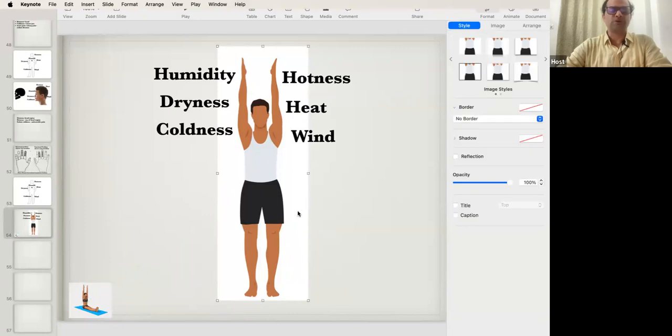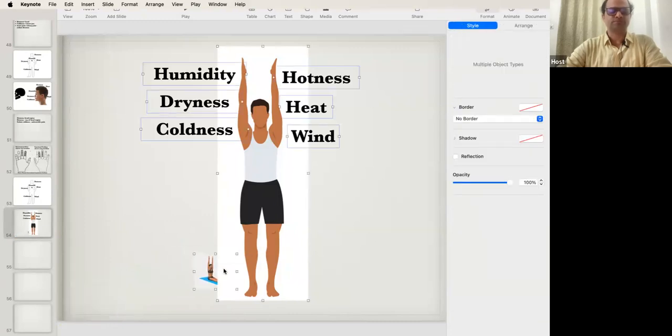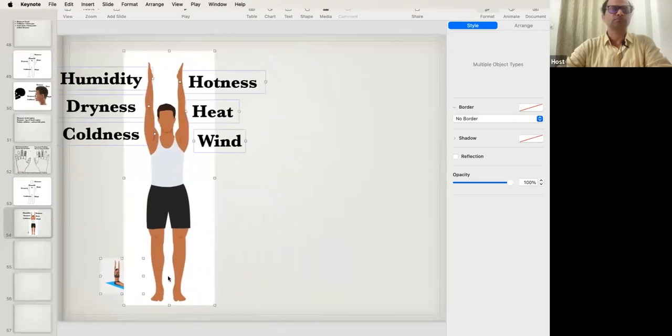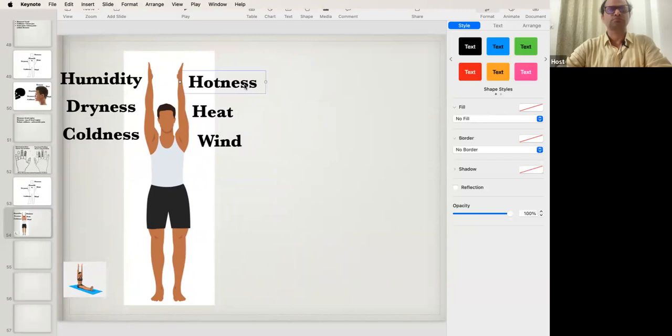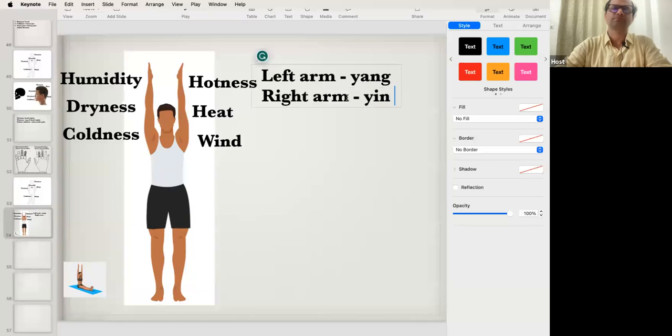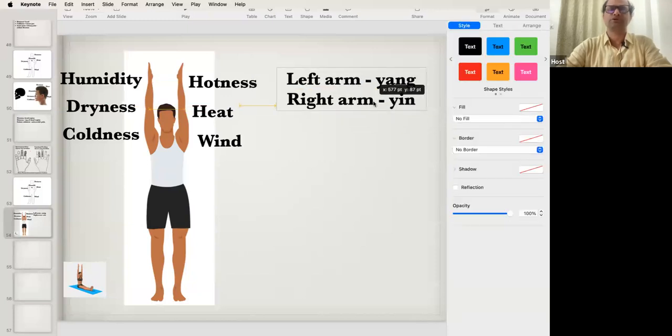So as per this classification, the left arm is yang, the right arm is yin. Okay, this is point number one.